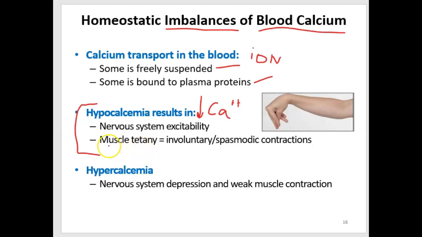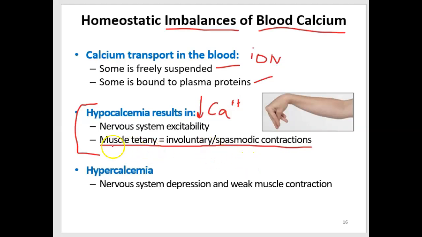But instead what happens is you get this muscle tetany. You get involuntary spasmodic contractions. And that has to do with the fact that calcium levels are so low that calcium stays within a muscle cell rather than being in the cytoplasm, rather than being stored back into the sarcoplasmic reticulum.